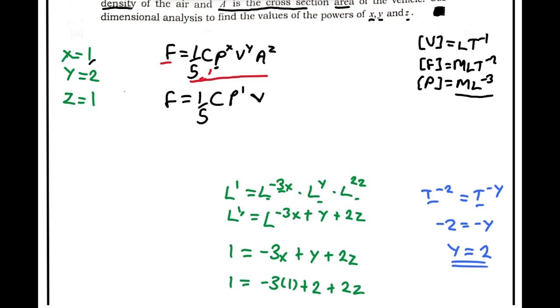And velocity, our y is equal to 2, so this is to the power 2. And a to the power z, our z is equal to 1. Therefore, this expression is 1 over 5 z rho v squared a. And this is force. And there we have it.